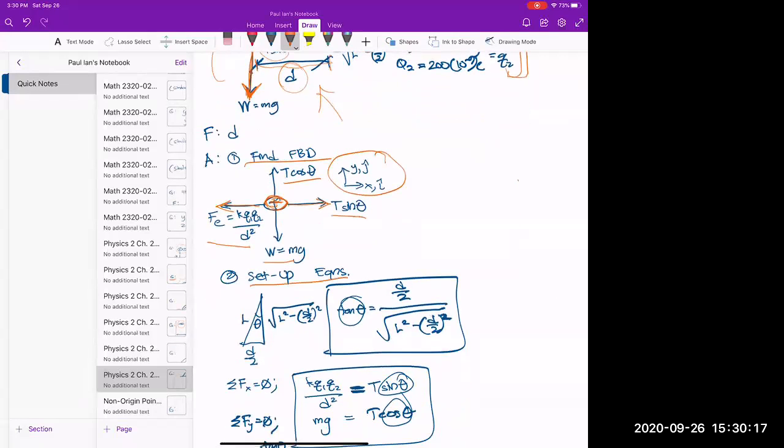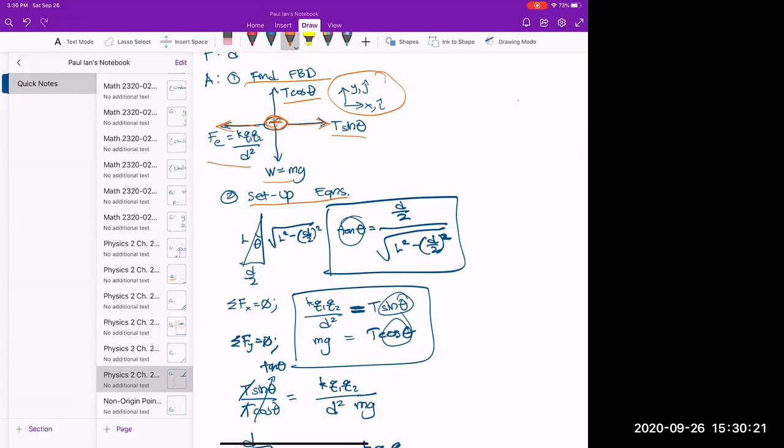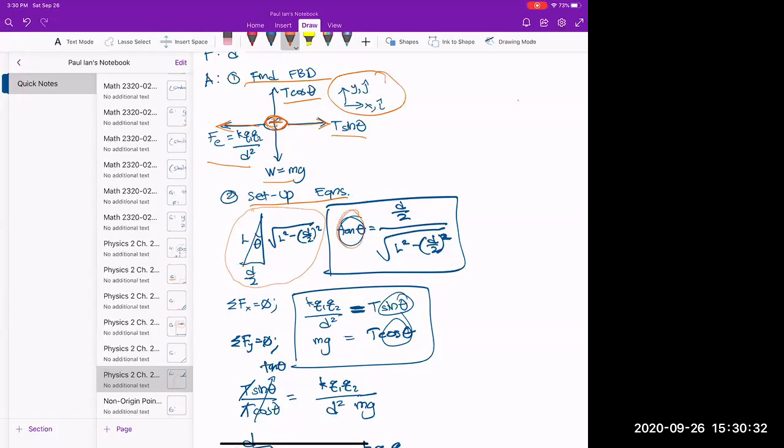So you set up the equations. A lot of this is setting up the equation and going through the process. I drew something similar to this already. Try to get a tan theta; try different things, maybe a sine theta or cosine theta.